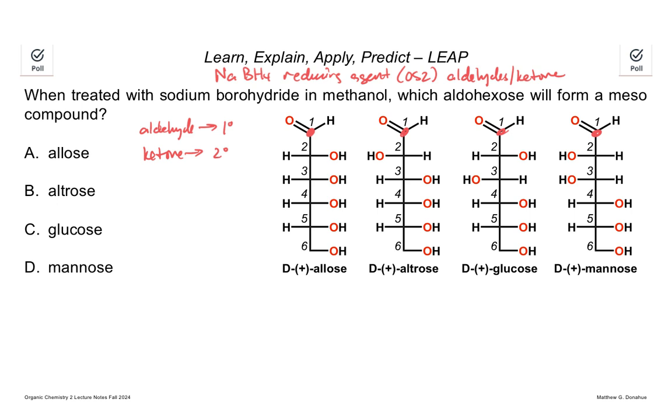You have to bisect the molecule somehow, and the top half has to mirror the bottom half. So which one of these has the mirror plane to form a meso compound? Yes, it's going to be allose.